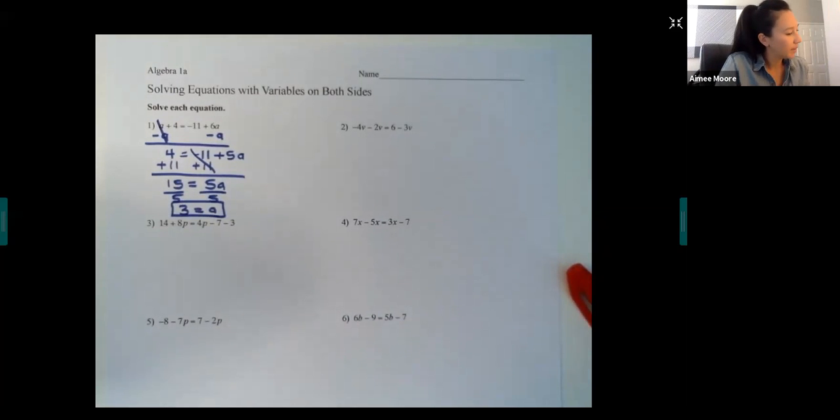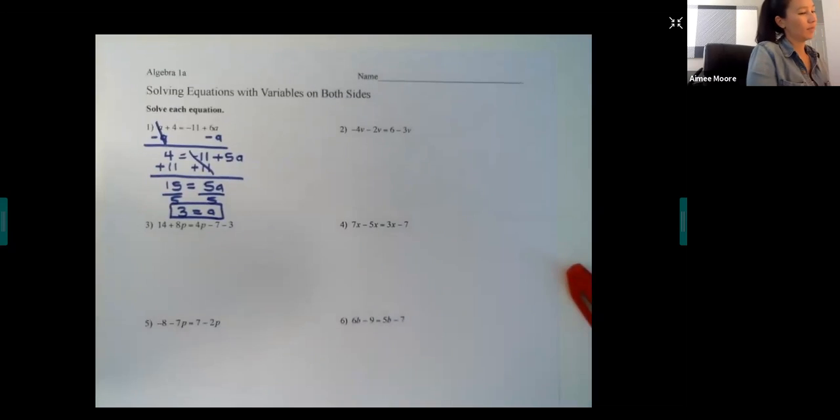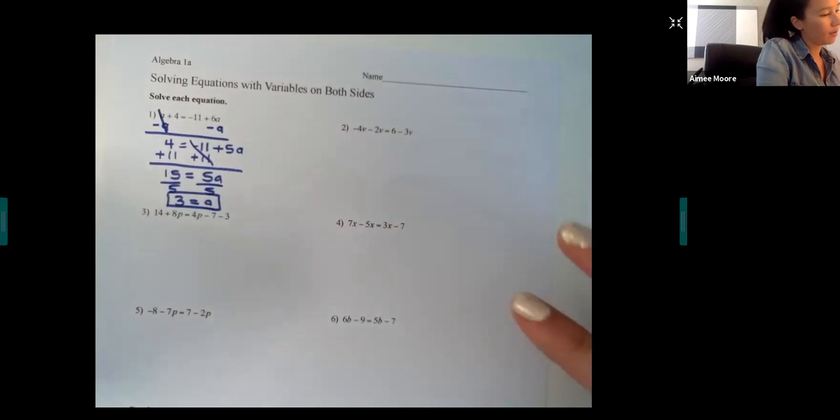Oh, this is a bummer. This has both of them. They're all supposed to look like number 1.